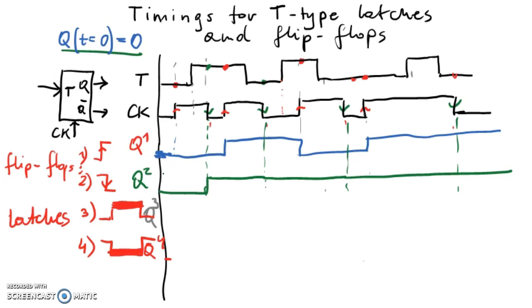The more interesting, and a little bit problematic, will be latches, as I will show in a moment. If you start your analysis here with Q equal to 0, you must stop at the beginning of the activity periods.